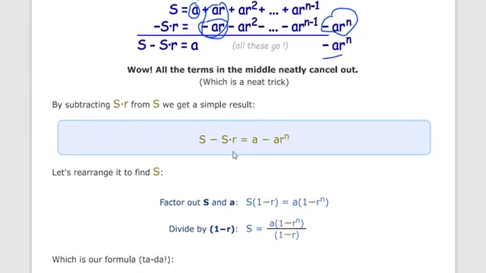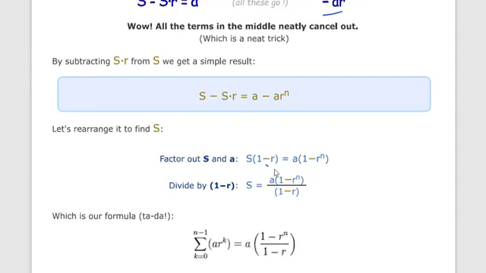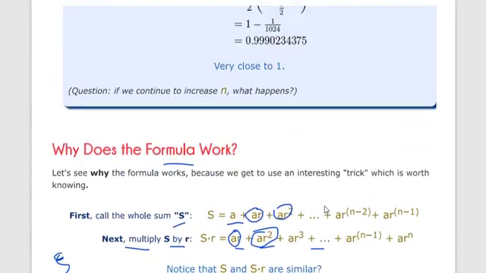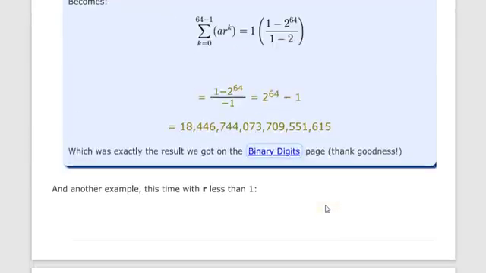After taking s common and doing the calculation, we get the formula of summation of a geometric sequence, which says a into (1 minus r raised to n) upon 1 minus r. So this is the arithmetic sequence and geometric sequence.